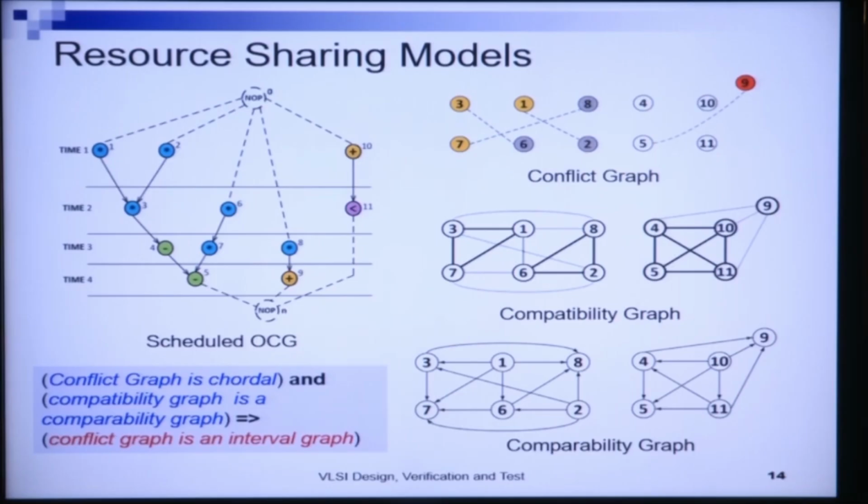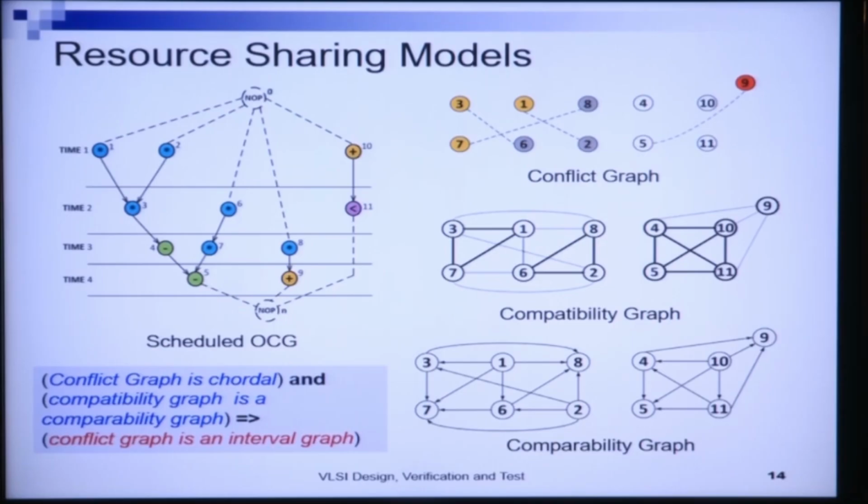In this compatibility graph, we have an edge from 1 to 6 and we have another edge from 6 to 7. So, let us see, this is Vi, this is Vj and this is Vk. If I impose an orientation from V1 to V6, from Vi to Vj, and then I also impose an orientation between Vj and Vk, I can impose an orientation from V1 to V7.